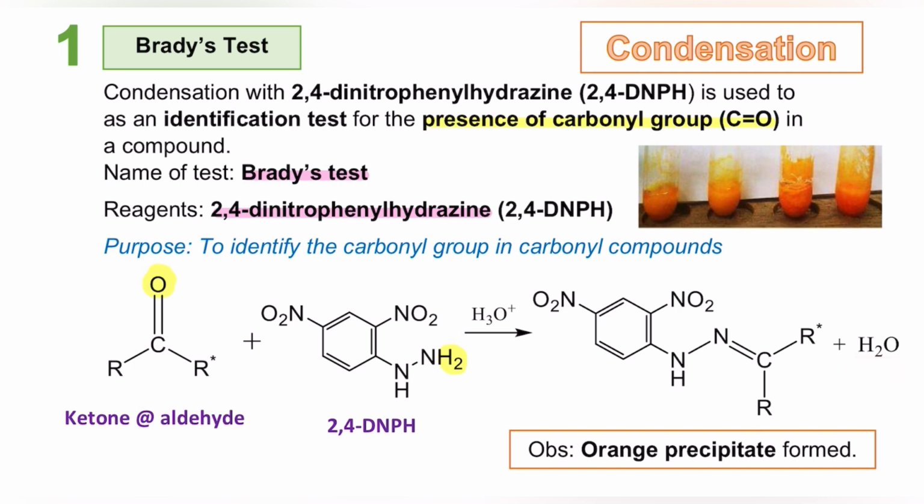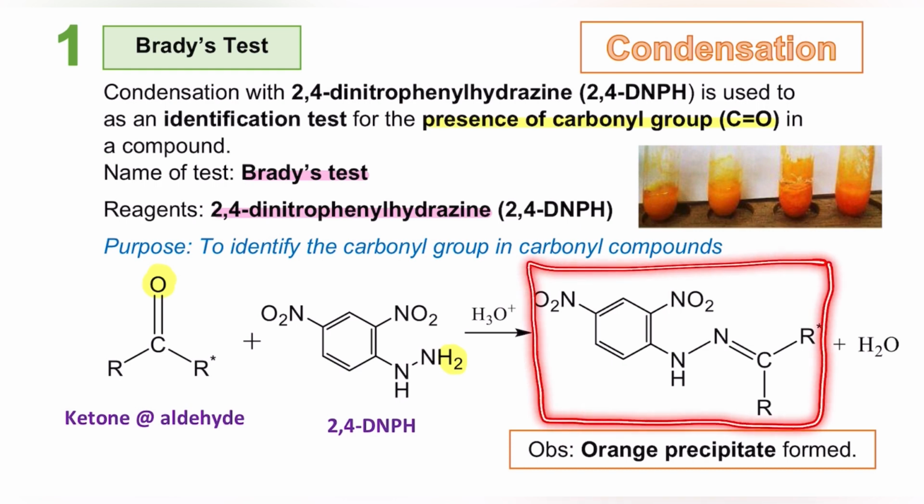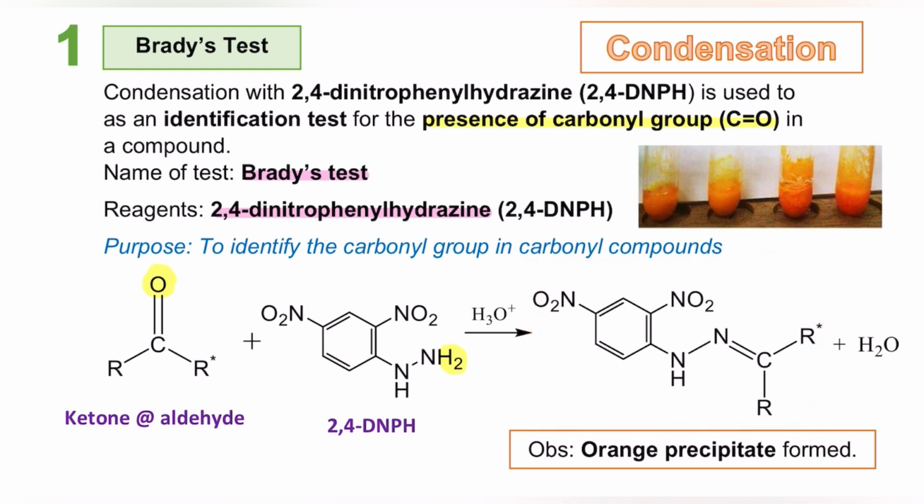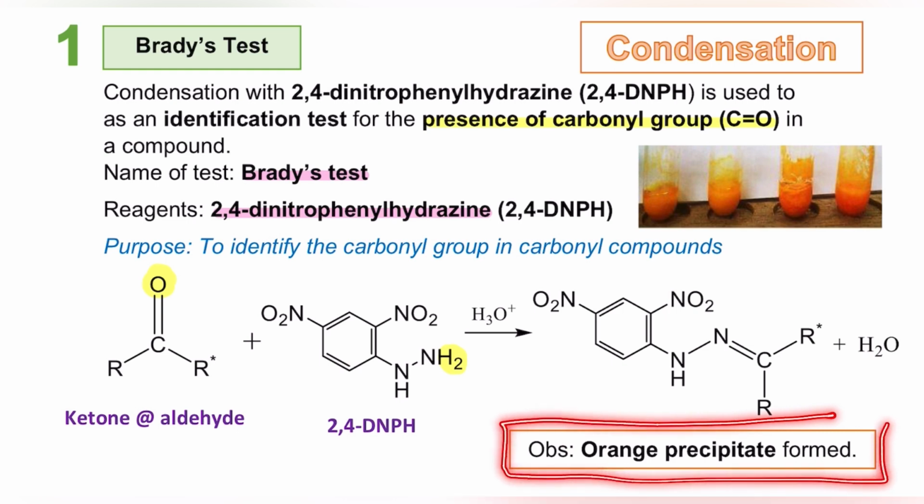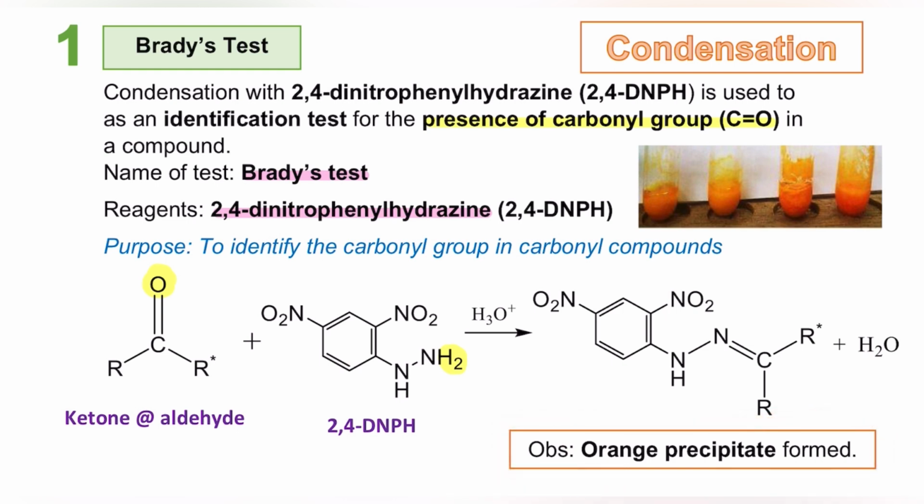That's why this reaction is condensation, and the rest you combine as a big molecule. This big molecule shows you how the orange precipitate forms. This is your observation, and this is one of the example experiments for Brady's Test. You can see the orange precipitate form in the boiling tube.